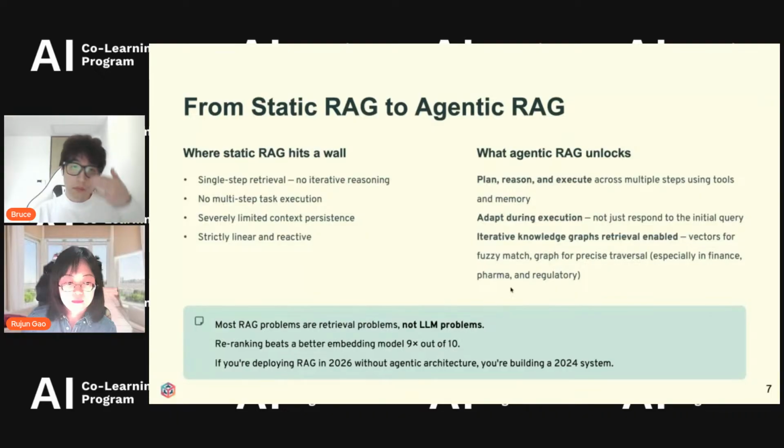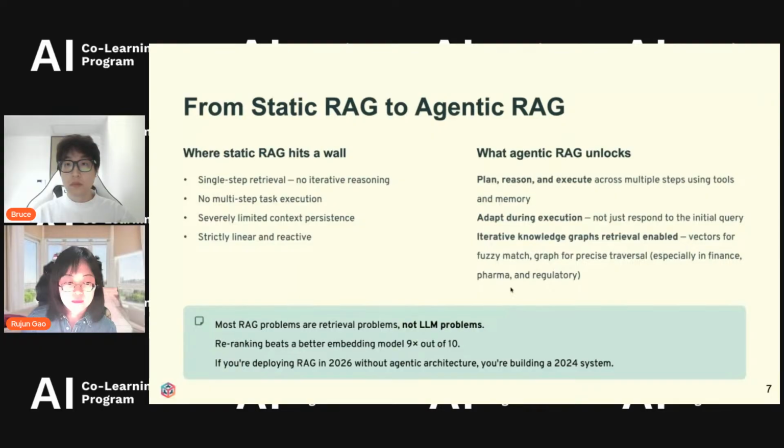First of all, it can do planning and reasoning and execute, like an agent can do multiple steps using tools and memories, and it adapts during the execution.